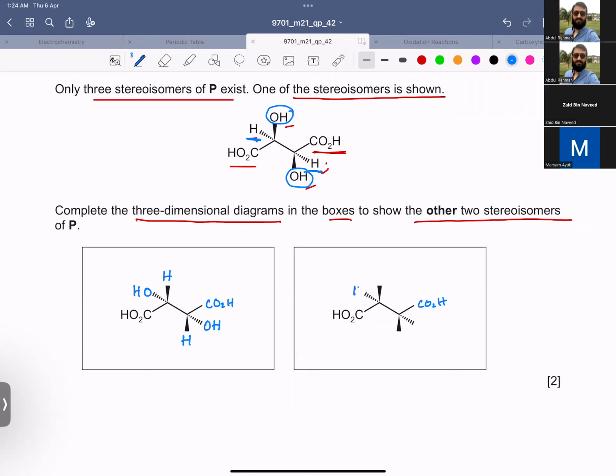For example, I keep the hydrogen and hydroxyl over here as given, but here I can swap the positions, which means now I keep one hydrogen above the plane, one hydrogen below the plane. In the same way, one hydroxyl above the plane and one hydroxyl below the plane. So now these are the 2 other isomers. Yes, is this clear?